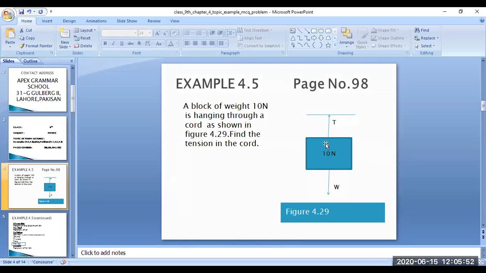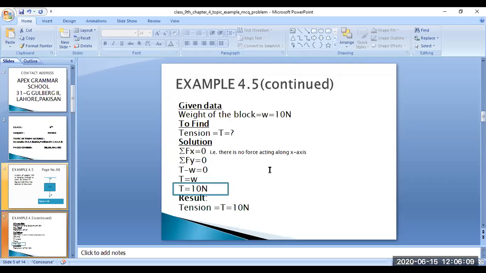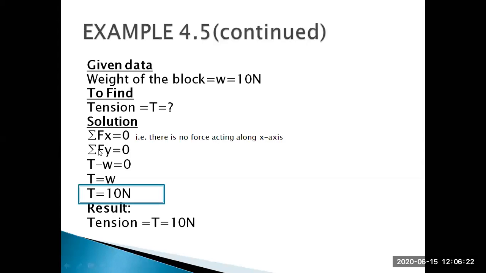The only force acting on the box, which is lifting this box upward, is the vertical force. There is no horizontal force acting, so our horizontal or x-axis forces will be 0. You know the condition of equilibrium, summation Fx equal to 0. But there are forces acting along the y-axis.